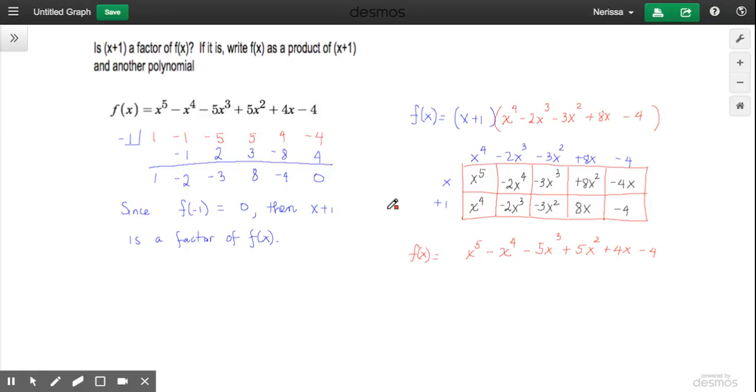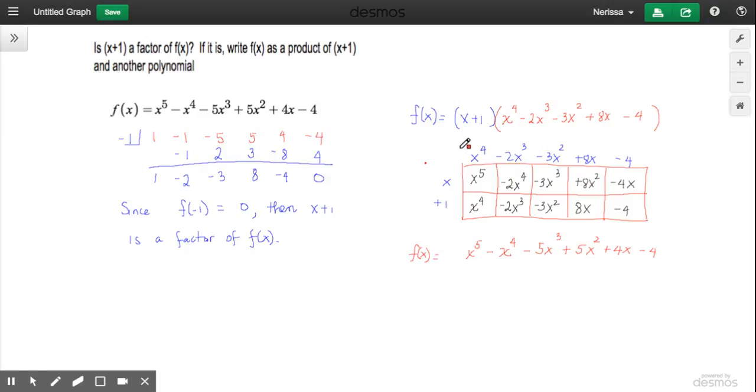Now, if x plus 1 is a factor of f of x, then we can write f of x as a product of x plus 1 and another polynomial. And this polynomial can be obtained by looking at these numbers here. The result that we got when we tried to determine if negative 1 is a 0 of f of x. These are the coefficients of the other factor.